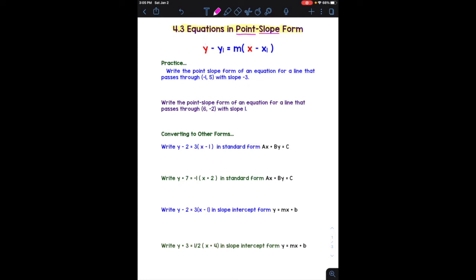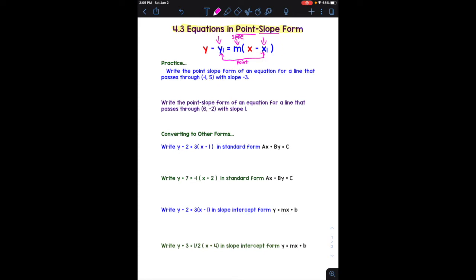These two, the y1 and the x1, are the x and y values that we're going to get from a point or an ordered pair that the line passes through on the coordinate plane. So we will take that ordered pair and substitute the x1 and y1 into point-slope form, and then m still stands for slope, and that's where the slope will go in point-slope form.